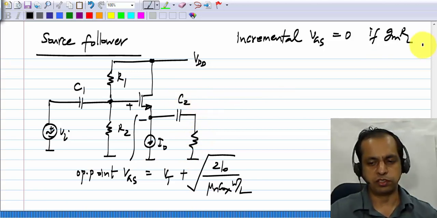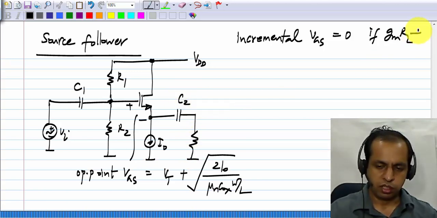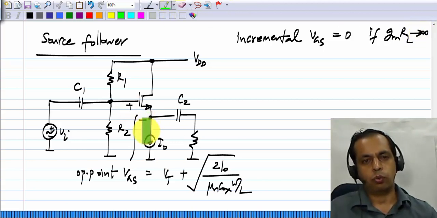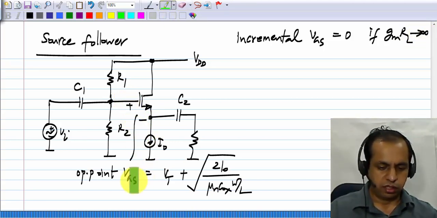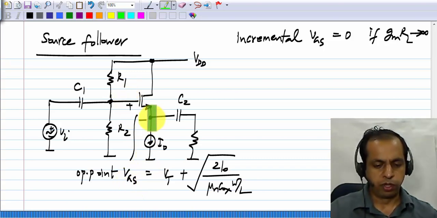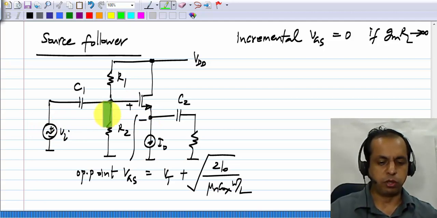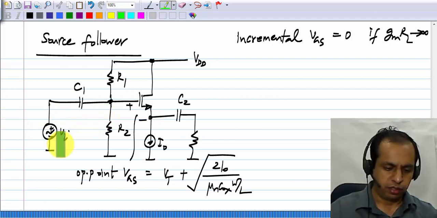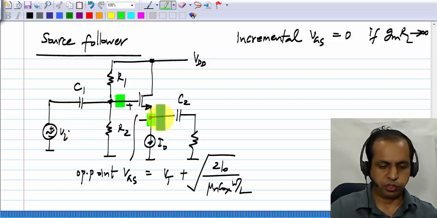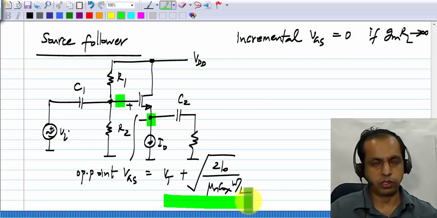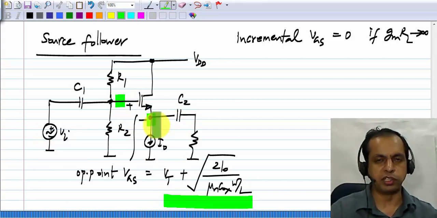As usual, capacitors are shorts. So the incremental VGS is 0. What it means is that the value of VGS will remain the same as the operating point value even when you apply the signal. So for instance, let's say the difference between these two was 3 volts. Then even when you apply the signal, this remains at 3 volts.